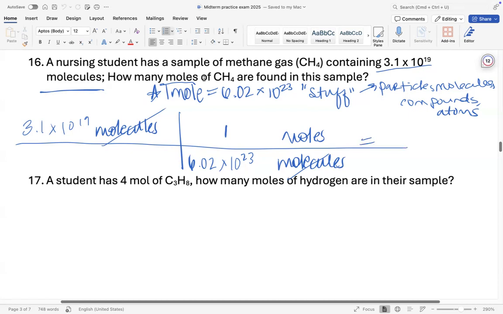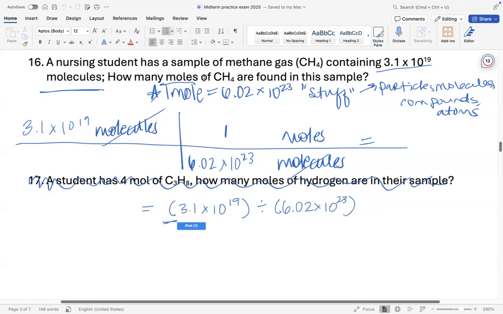Now, when you type this into your calculator, I'm running out of room. So I'm going to keep, even though this writing's not going to be for 17. All right, so in your calculator, you would want to do open parentheses 3.1 times 10 to the 19th, and again, however you put that into your calculator, divided by open parentheses 6.02 times 10 to the 23rd.